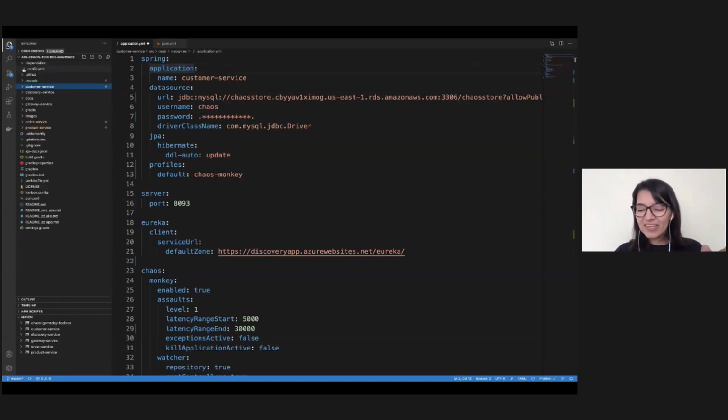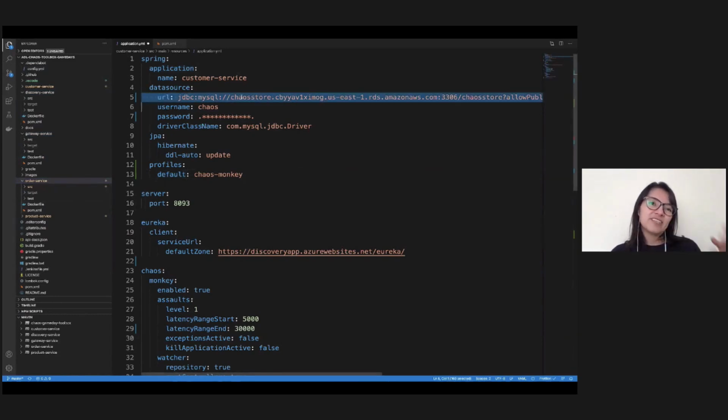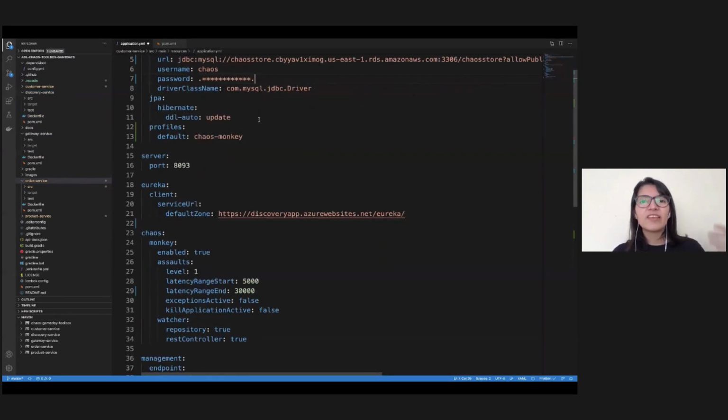So here, the code and the configuration of each microservice. We are seeing the microservices and the configuration in the application YAMLs. Here we have the URL for connecting with a database.